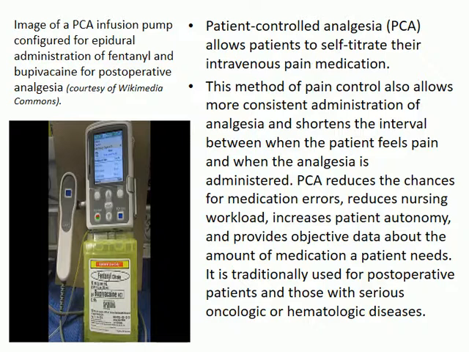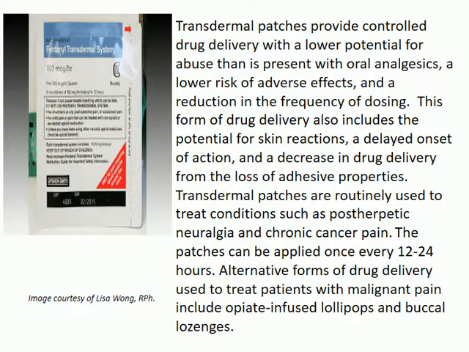Patient-controlled analgesia allows patients to self-titrate their intravenous pain medication. This method of pain control also allows more consistent administration of analgesia and shortens the interval between when the patient feels pain and when the analgesia is administered. Transdermal patches provide controlled drug delivery with a lower potential for abuse than is present with oral analgesics, a lower risk of adverse effects, and a reduction in the frequency of dosing.